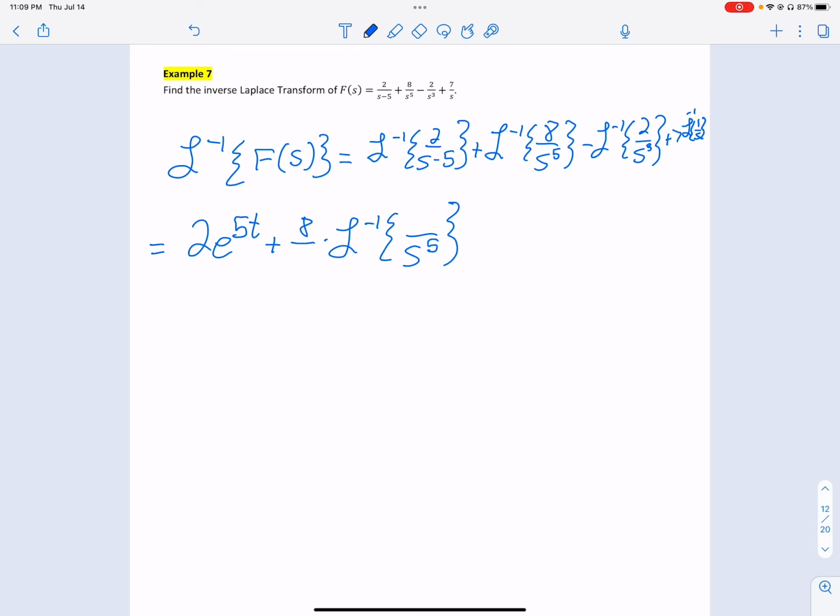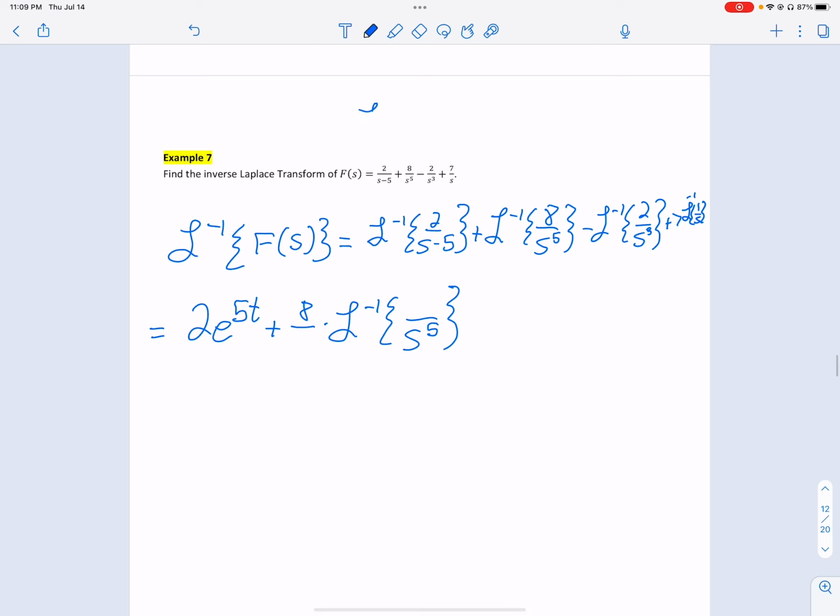That 5 follows that rule: Laplace of t^n is equal to n factorial over s^(n+1). So in this case, n would have been 4. That means I need to put a 4 factorial here if I want to match this formula. Well, I can't just add a 4 factorial wherever I want, so I'm going to account for it by dividing the outside by that.